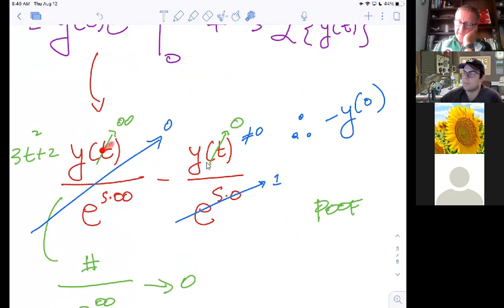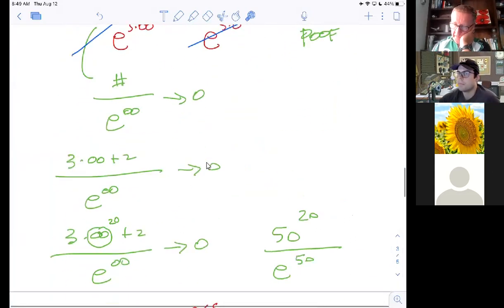It goes to 0 if this is any polynomial, even t to the 20th power, e is going to outrun it. The exception is if this is an e function, we need the exponent that goes with e to be bigger than whatever s is. But again, we won't even have to worry about that because we're going to change it back into t anyway. And then it can't be factorial.